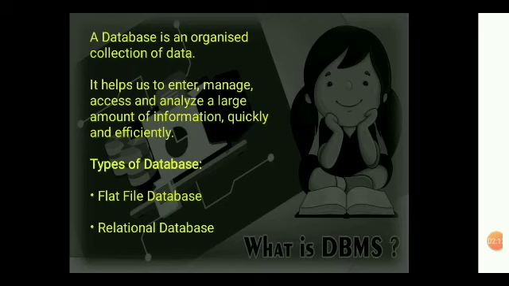For example, Microsoft Excel, in which we just enter the data without any relationship between those. Next is relational database. A relational database stores the data in several tables and links those tables together to get a common piece of information. For example, Microsoft Access, Microsoft SQL, and Oracle are few examples of relational database.